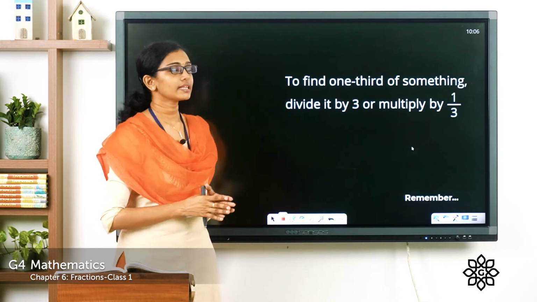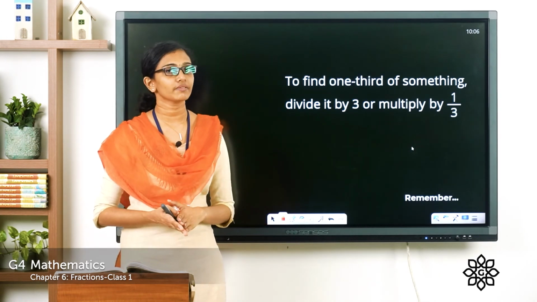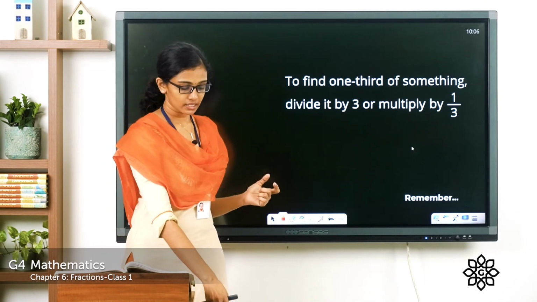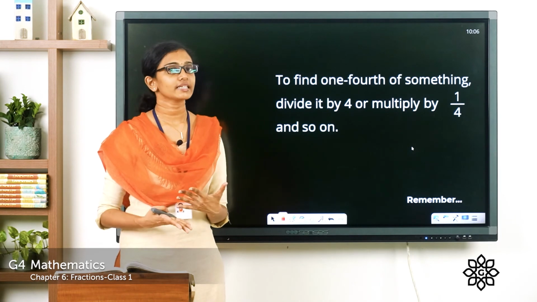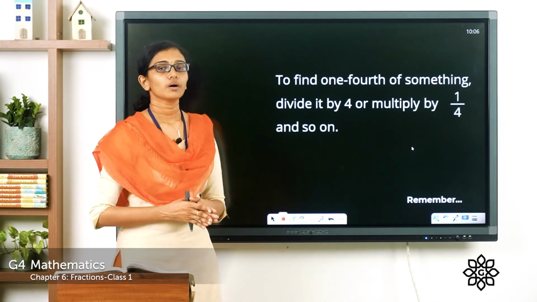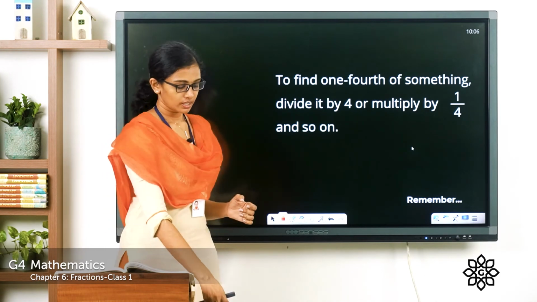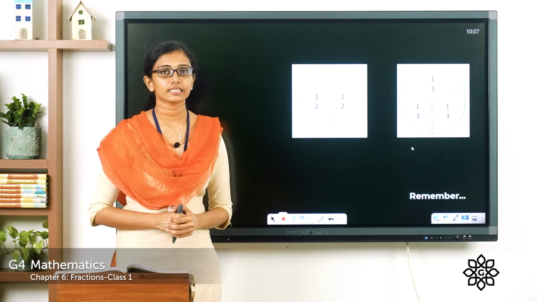Similarly, to find the 1/3 of something, you either divide it by 3 or multiply it by 1 by 3. And to find the 1/4, you either divide by 4 or multiply it by 1 by 4, which gives the same result.